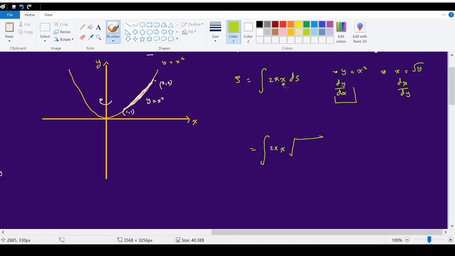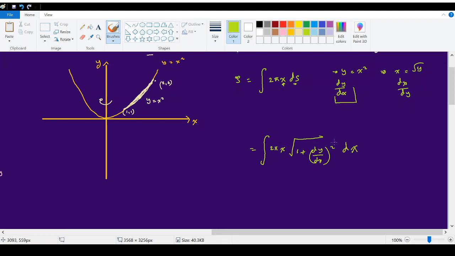This only depends on whether it is an x-axis rotation or a y-axis rotation. We are free to use whatever option we have for ds, and here I am using this one, which is the square root of 1 plus (dy by dx) squared, dx.